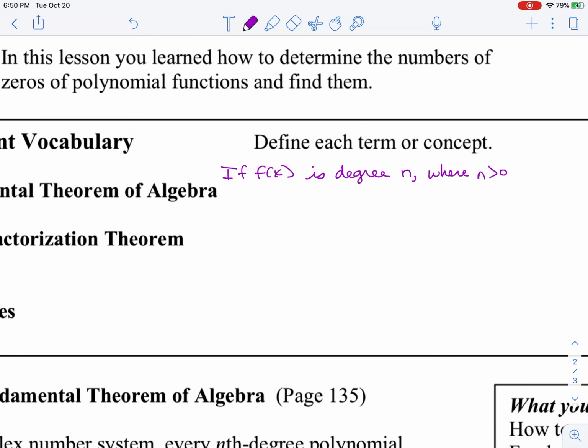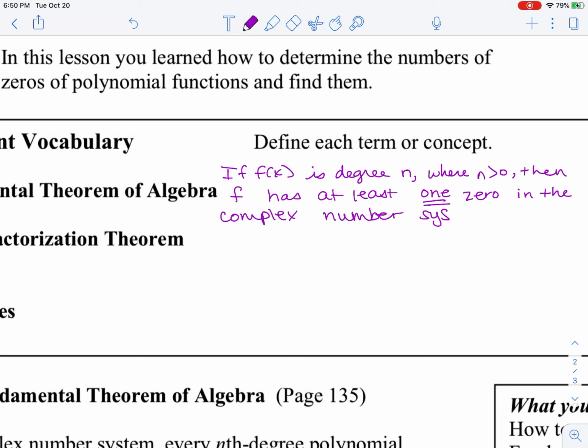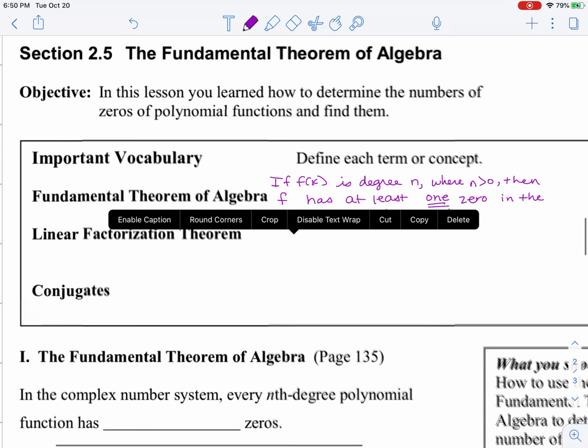We can't have a negative degree, and we can't have a 0. Then f, or the function, has at least 1 zero in the complex number system. Okay.